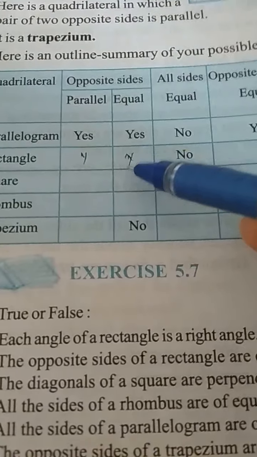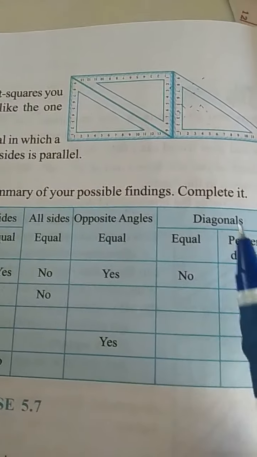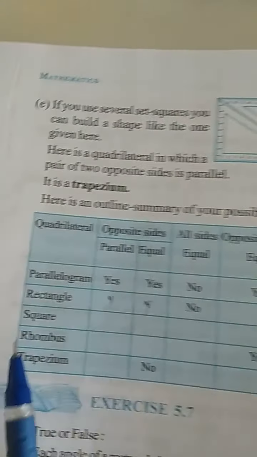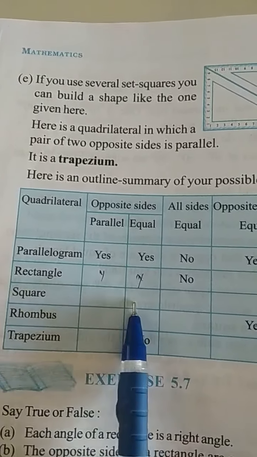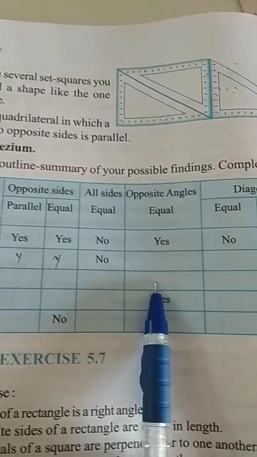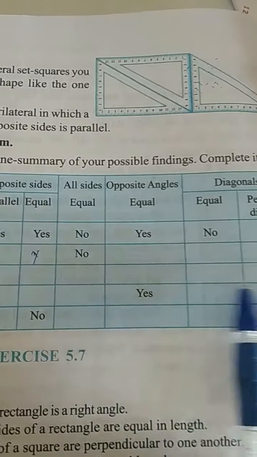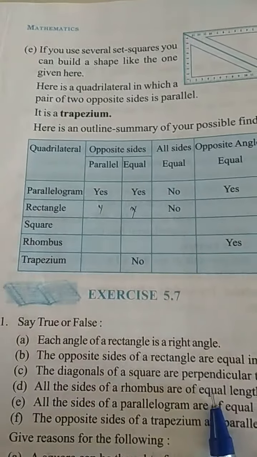Opposite angles are equal, yes. Square: opposite sides parallel, opposite sides equal, all sides equal, opposite angles equal, yes, diagonals are equal and perpendicular. Fill in the remaining and solve exercise 5.7.